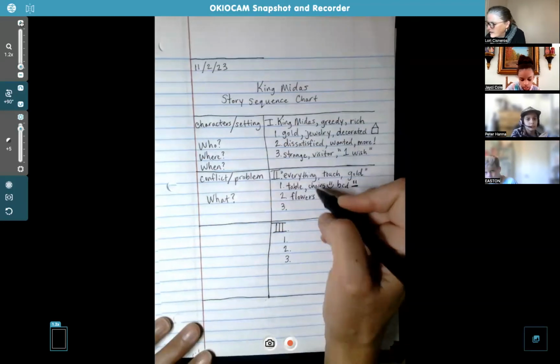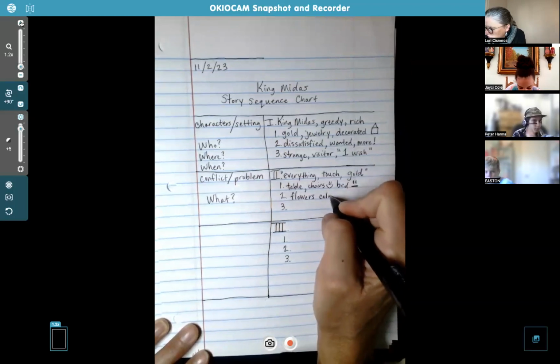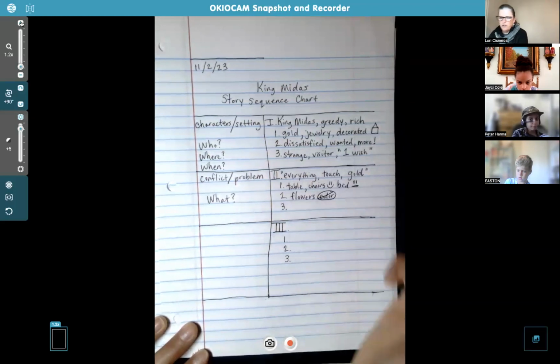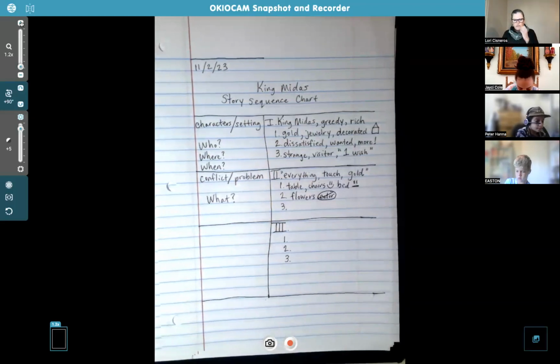So I think it would be good to put color and then circle the word color and draw a slash through it, meaning no color, right? Except for gold. Usually flowers are like pink and yellow and orange and really pretty colors, right? Well, not when they're just gold. And I don't think he liked that.